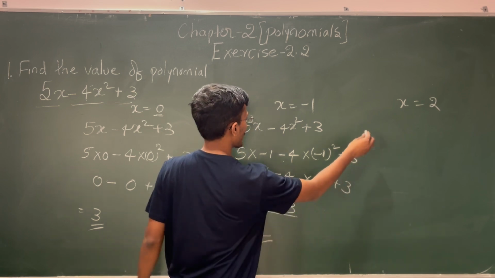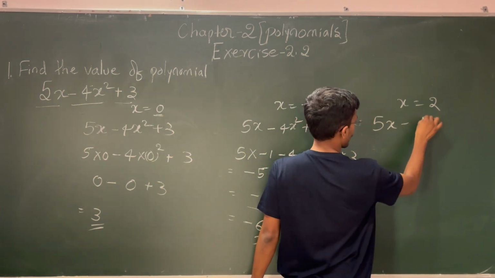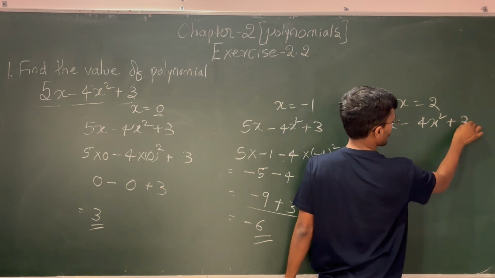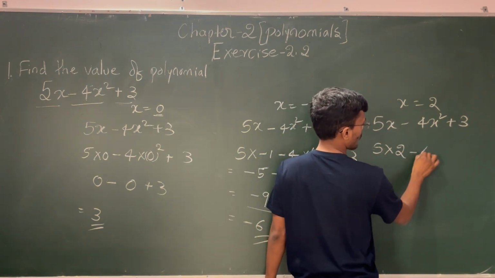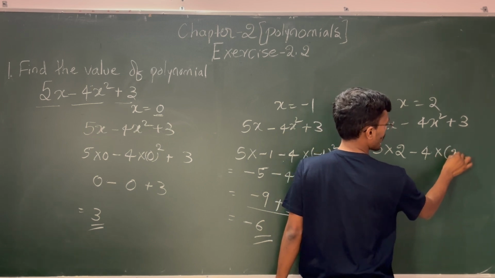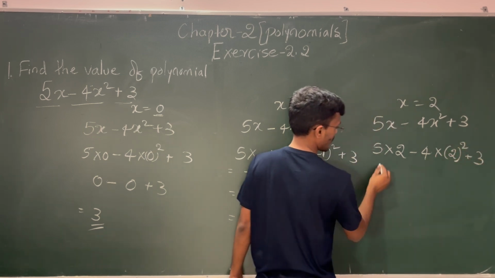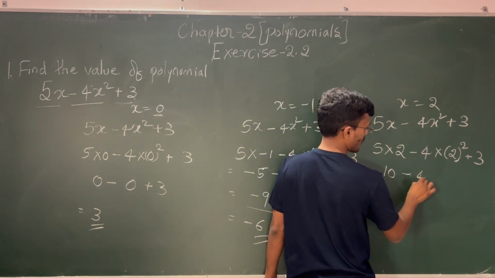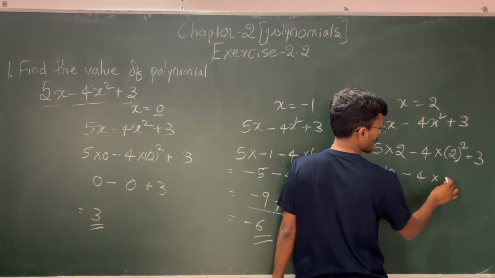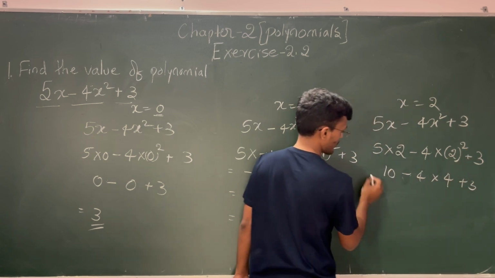x equal to 2. So write it as 5x minus 4x square plus 3. 5 into 2, minus 4 into 2 to the power of 2, plus 3. 5 twos are 10, minus 4 into 2 square. 2 square is 4, plus 3.